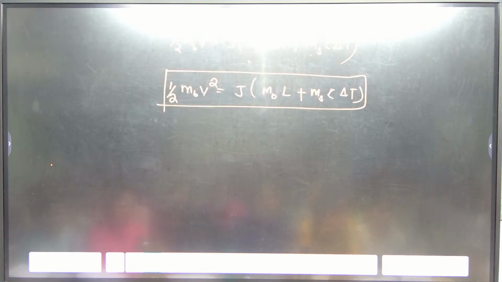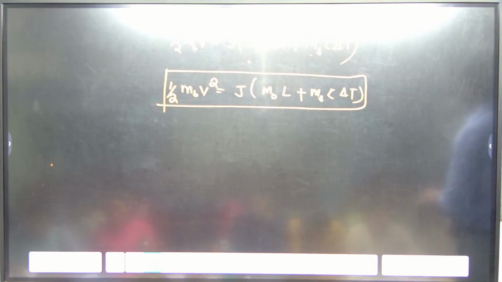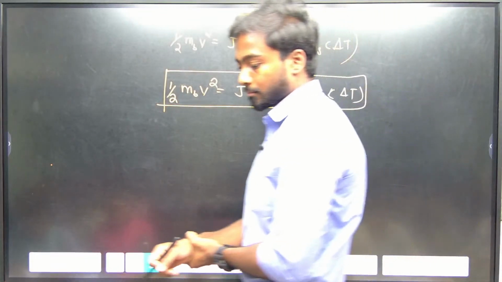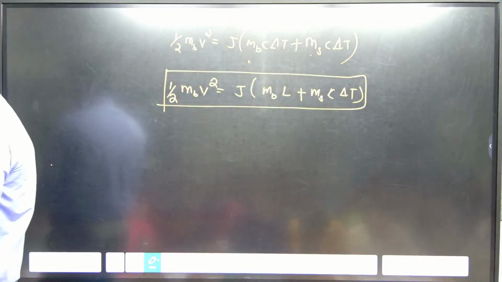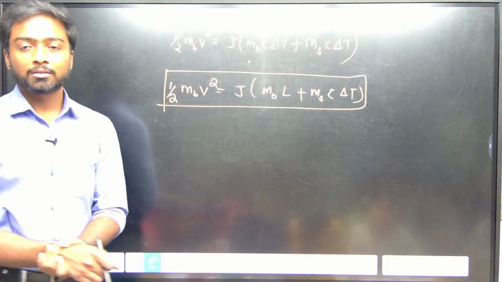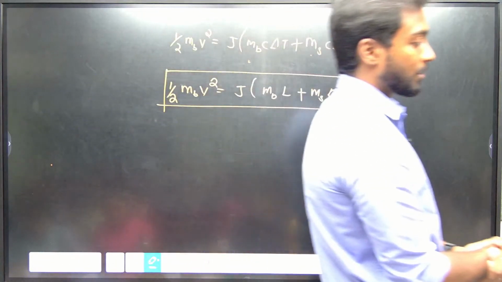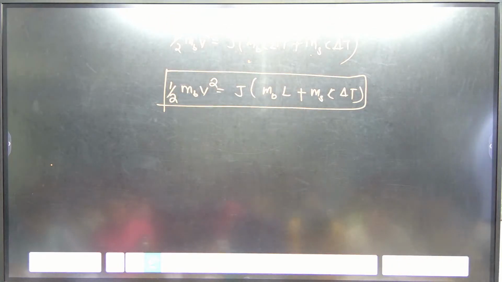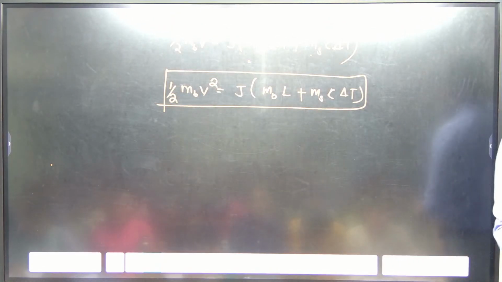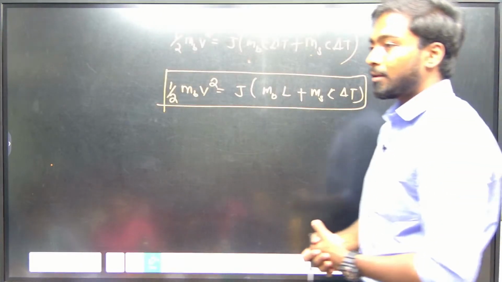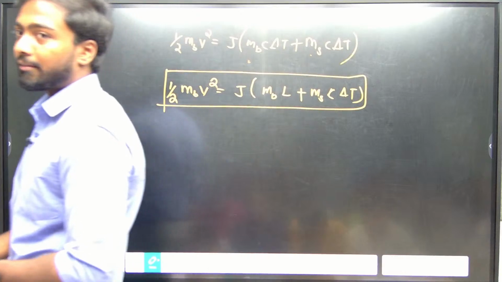Write down the first point: two systems A and B are in thermal equilibrium with system C. Then A and B are also in thermal equilibrium.